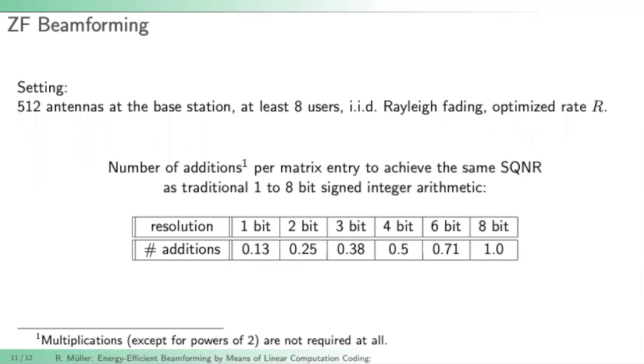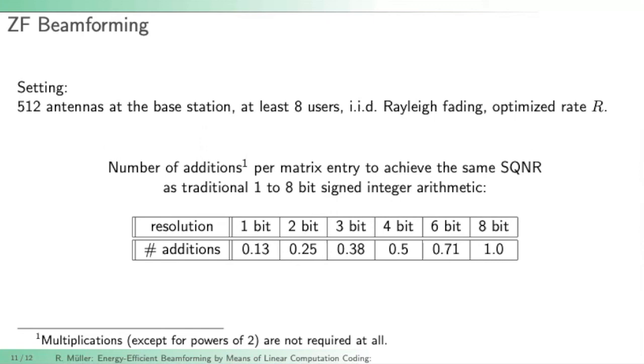Traditionally, if you have 1-bit signed integer arithmetic, you need an addition or a subtraction, depending on the sign, per matrix entry. With linear computation coding, however, you just need 1/8 of that, 0.13 additions per matrix entry.